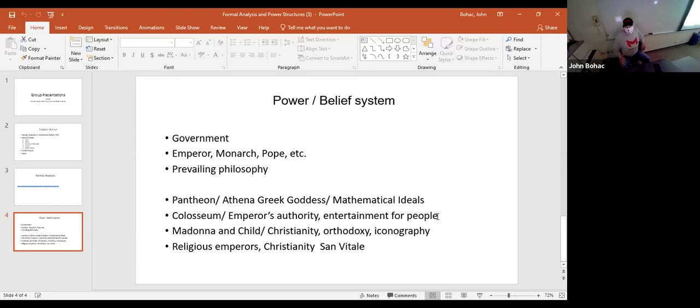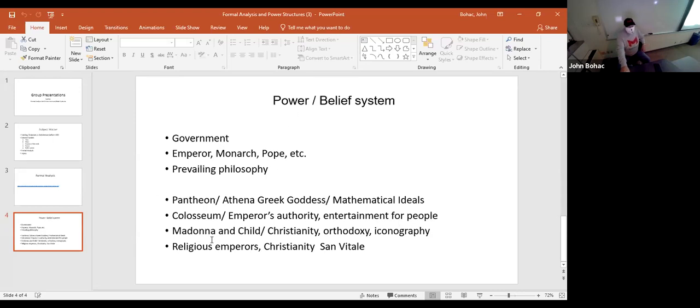And it worked. They stayed in power for hundreds of years with no significant revolts. In fact, that's what they call the Pax Romana, the peace that was imposed by Rome. And so anyway, that's part of this. And so that's what I mean about power and belief system.